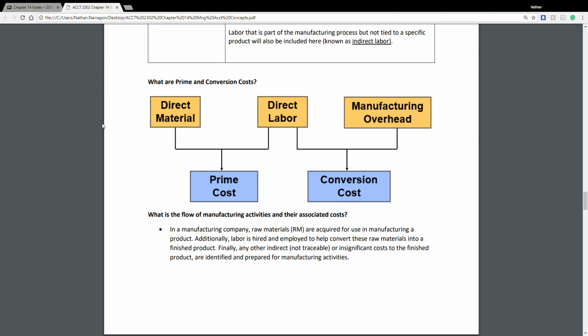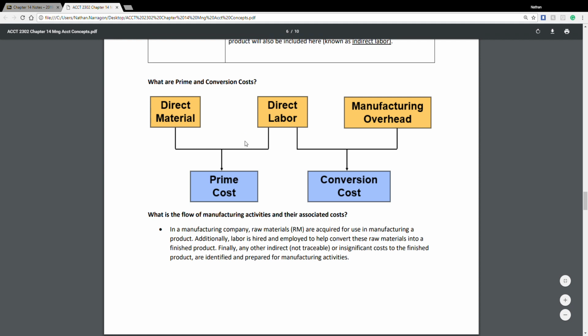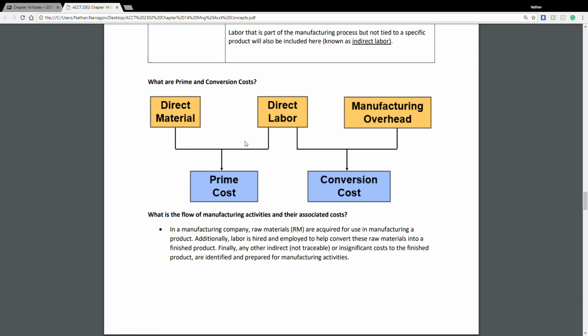Okay, so what we got is known as prime and conversion cost. Prime cost, just like prime rib, they're going to be the direct materials and direct labor. Conversion cost is basically manufacturing overhead and direct labor. So you do need to know the difference when we use those terms. We're not going to use them very much, but realize what two items go into that cost term.